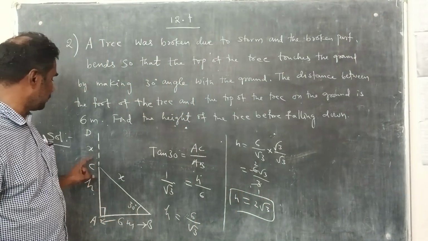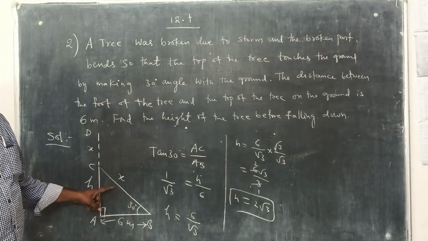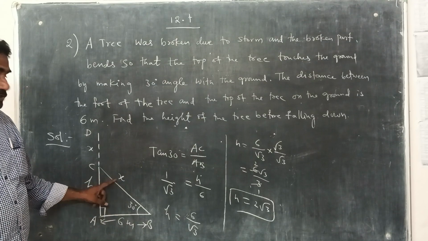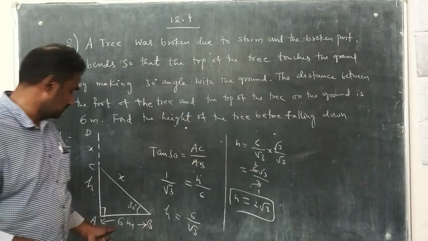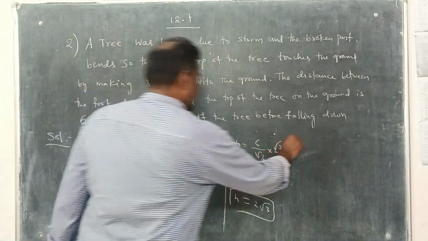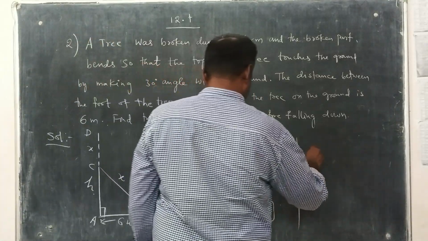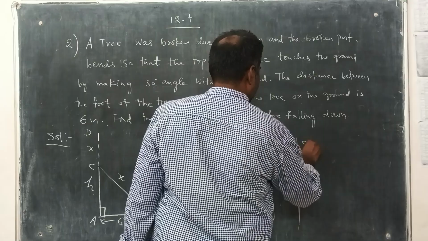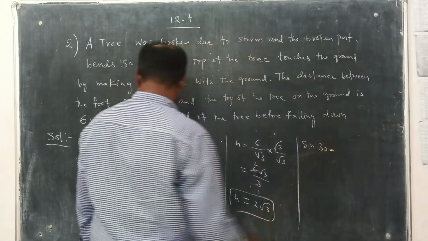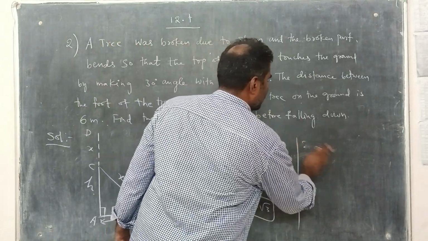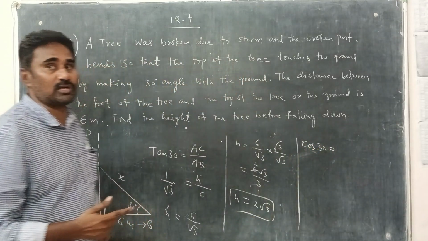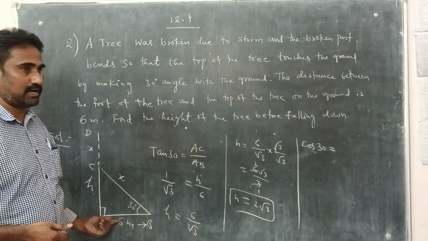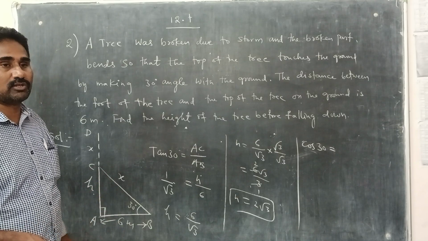But we have to find the X value. At this time, you have to check the relation between X and 6. Here we have to take cos 30. Why cos 30? Because 6 is the adjacent side and X is the hypotenuse.